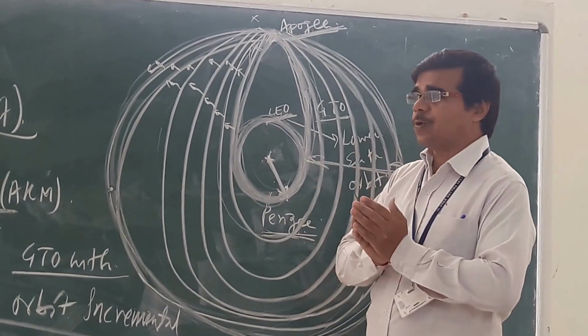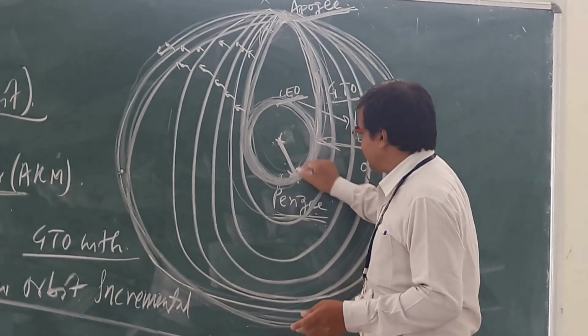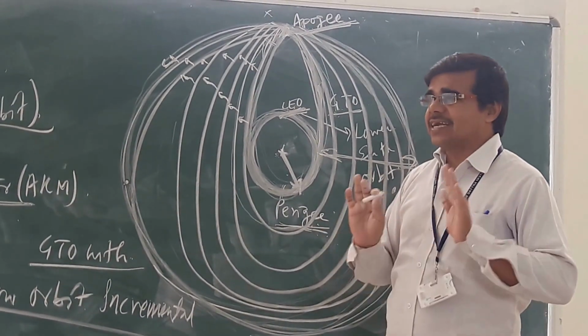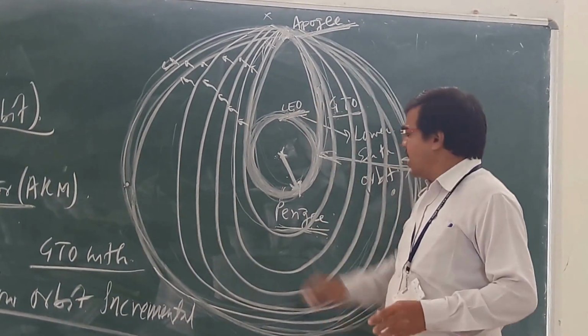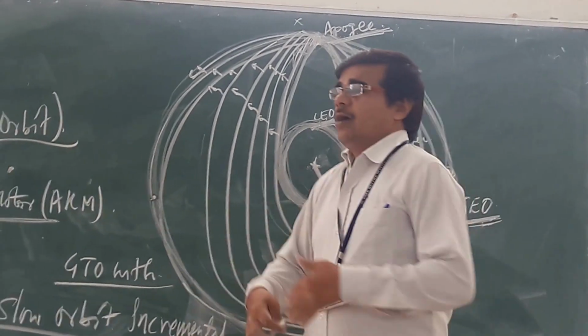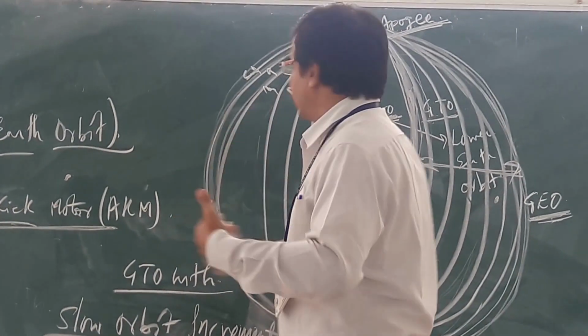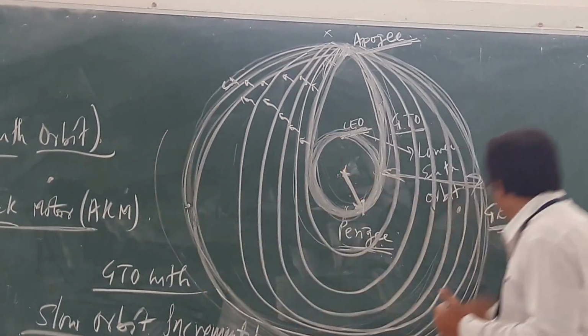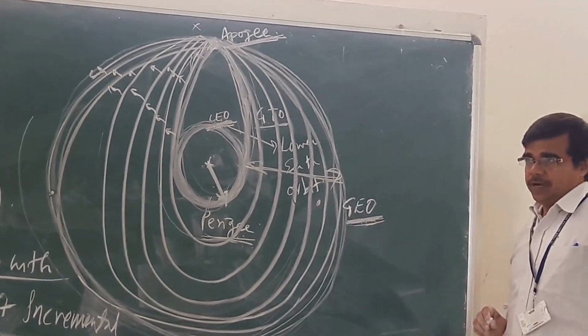Launch vehicle is responsible only for launching it in your lower Earth orbit. Once the satellite is there in the lower Earth orbit, the launch vehicle's work is completed. Okay, and after that, because of the internal energy that is there in the satellite, it is able to move in its geostationary Earth orbit.